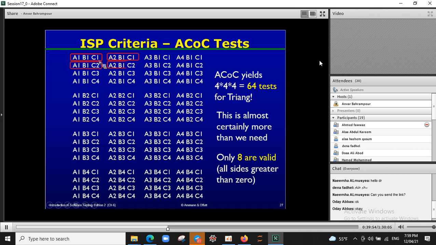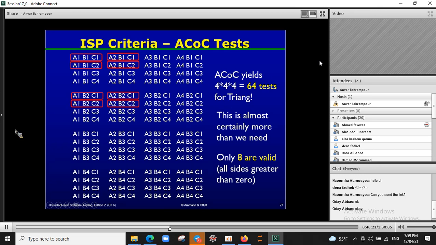Look at this combination. Each of these combinations is a test case for our program. The first combination is A1 with B1 with C1, A1 B1 C2, A1 B1 C3, A1 B1 C4.